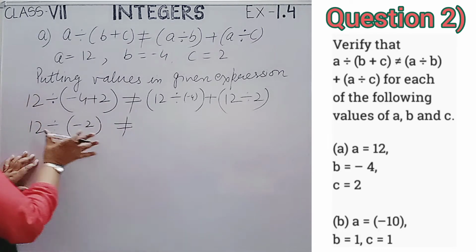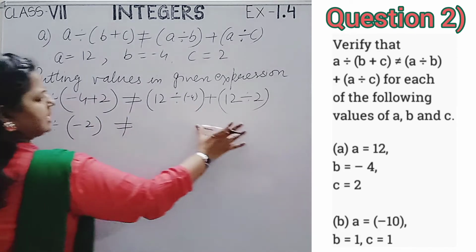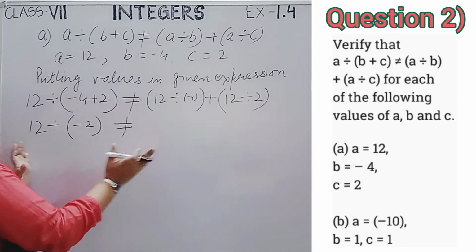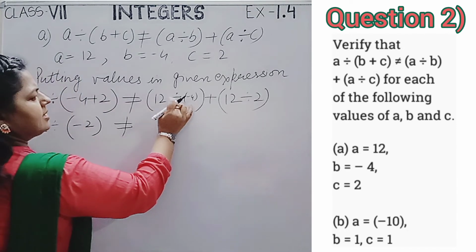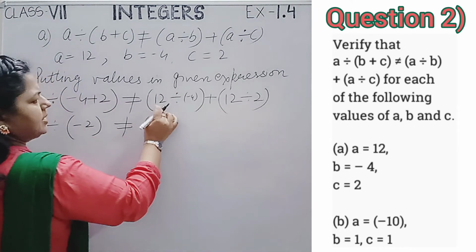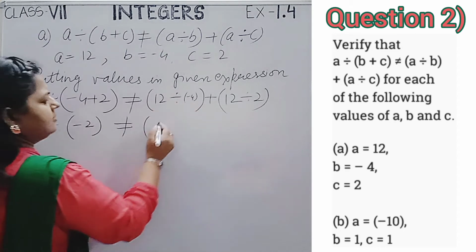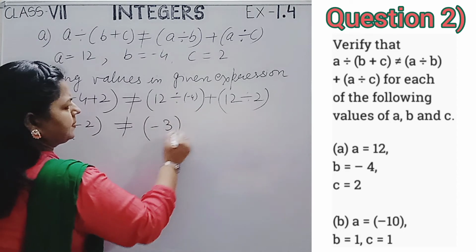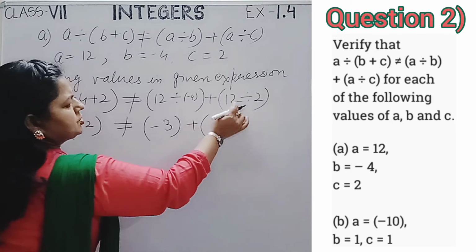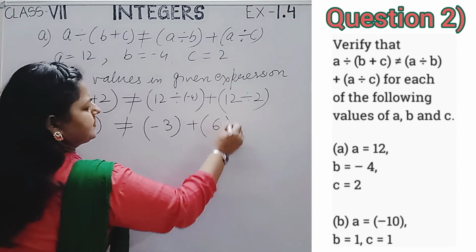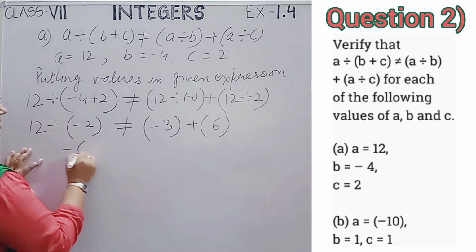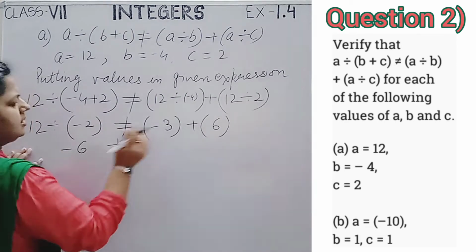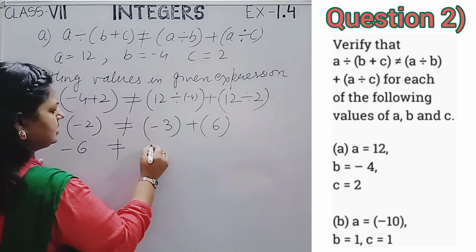This is our left side, this is right side. So we can take left hand side and right hand side accordingly. So 12 divided by minus 4, we have minus 3 plus 12 divided by 2, 6, minus 3 plus 6 is 3.